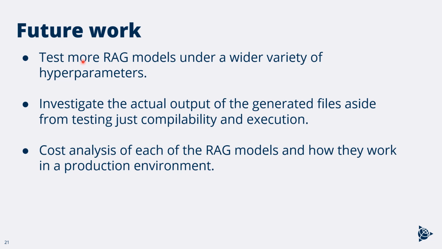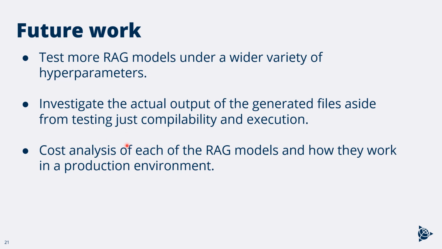For our future work, we could test even more RAG models under a wider variety of hyperparameters, and investigate the actual output of the generated files as well. Instead of just checking for compilability and execution like we did now, we can go into these files and see what they're producing, how well they perform, and whether they're producing objects the way that we want them to.